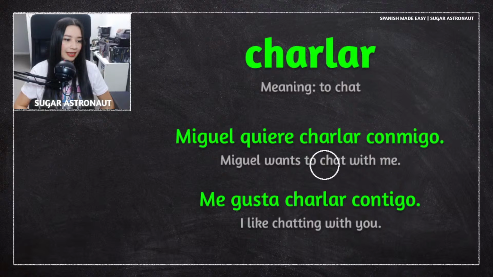Contigo, I cannot set it as a question because of the intonation. But if you want to say, I will like chatting with you, me gustará charlar contigo. Great question. Thank you, Malik.